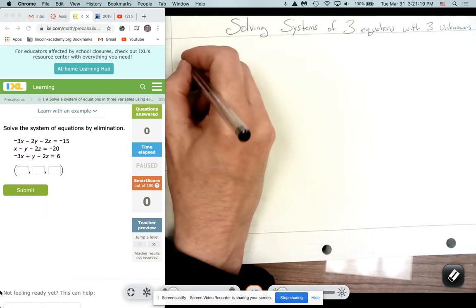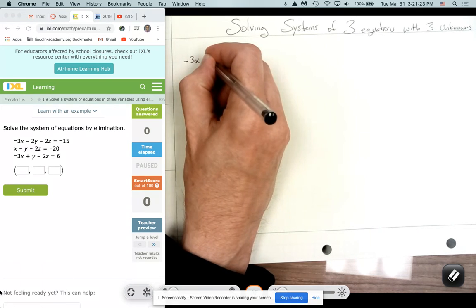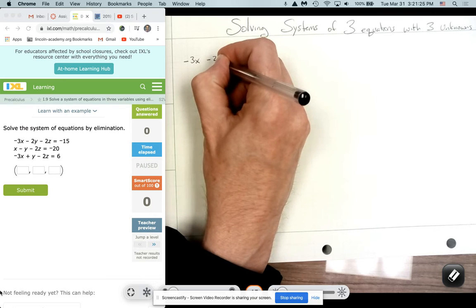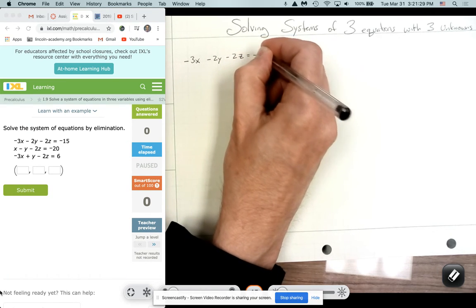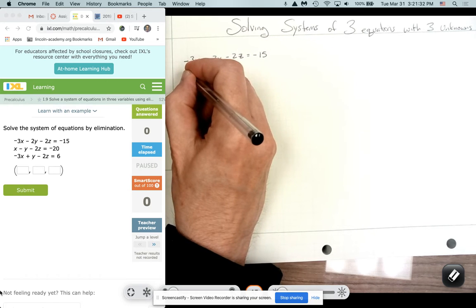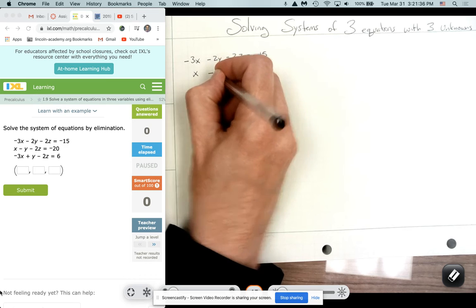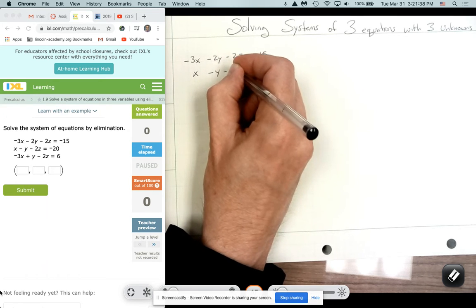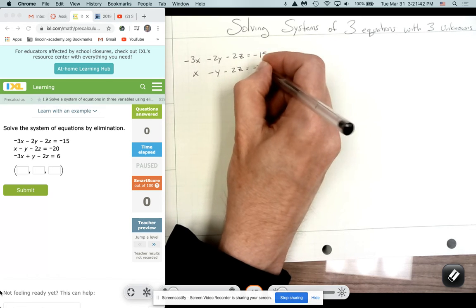So what I'm going to do is first write down these three equations: 3x minus 2y minus 2z equals negative 15. And then x minus y minus 2z is going to equal negative 20.